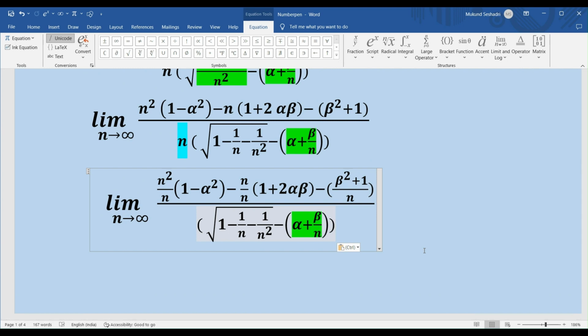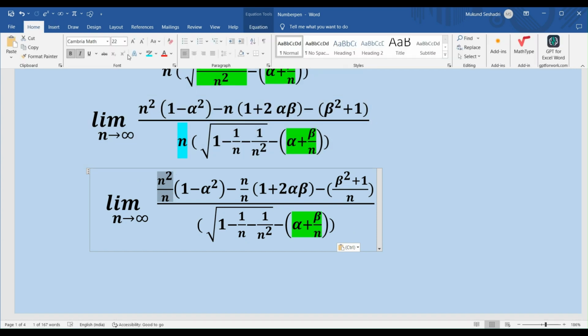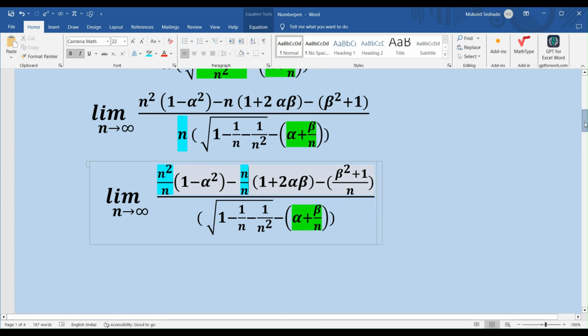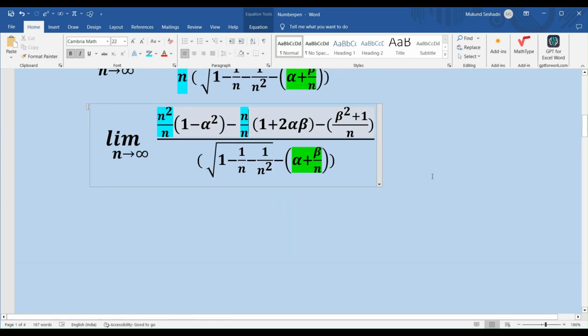If this entire expression is to take a finite value 0 as its limit, what are the conditions that need to be fulfilled is what we are going to do next. So take a look at this. My n square by n here becomes n. Let me highlight it in turquoise. My n by n here becomes a 1, and this term as n tends to infinity will tend to 0, so I don't think we will have to worry too much about it.